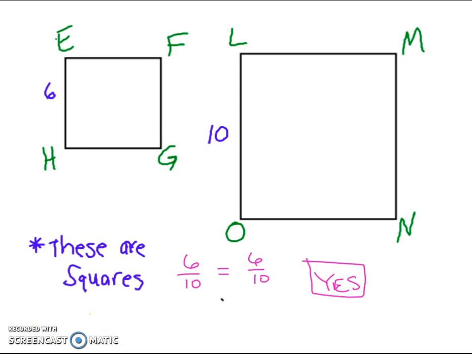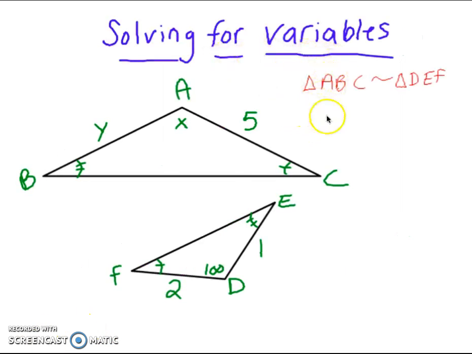These would be similar. When we have to solve for a variable, we're going to do it the same way. Looking at these two figures, I can see here's my similarity statement. So we can take AB, which is y, over DE, which would be 1, equals, and then we can take our AC, 5, over DF, and DF is 2.